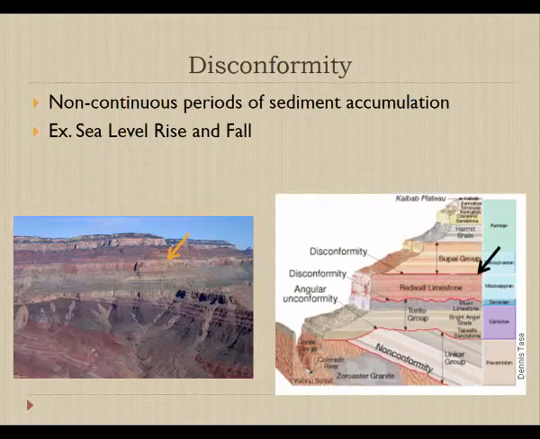Finally, and a little bit more tricky to distinguish, is a kind of unconformity that's called a disconformity. A disconformity is when there are non-continuous periods of sediment accumulation. So the layer below and the layer on top of the unconformity may be very similar. They may be of the same type. They may be of the same orientation.